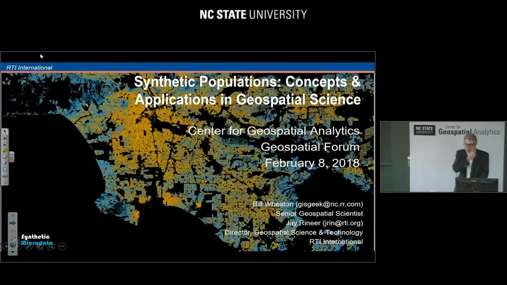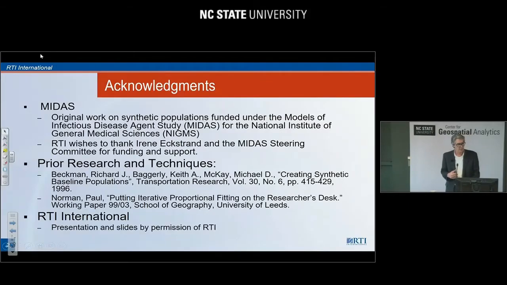Okay, so synthetic populations. I'll describe what they are and how we've used them, how we develop them. Let me first mention some acknowledgements about the work. The original work to develop this nationwide data set was funded by NIH, specifically the National Institute of General Medical Sciences, one of the institutes at NIH, for the project called MIDAS, Models of Infectious Disease Agent Study, lots of acronyms already.